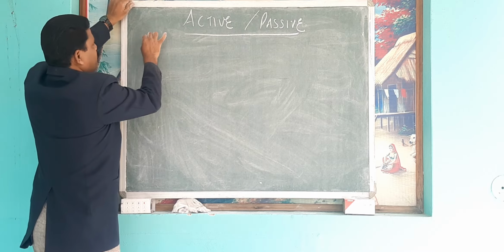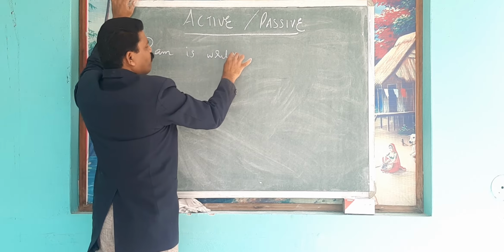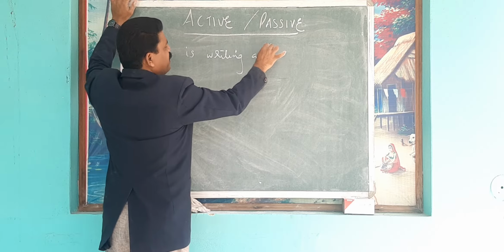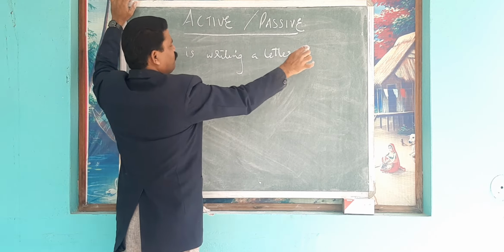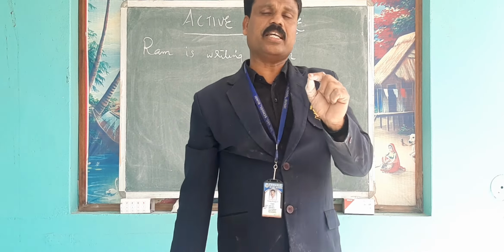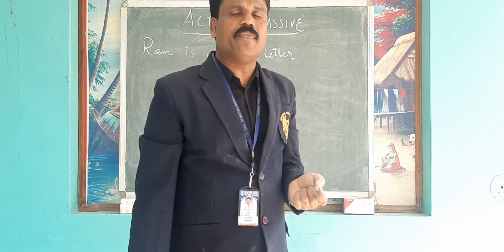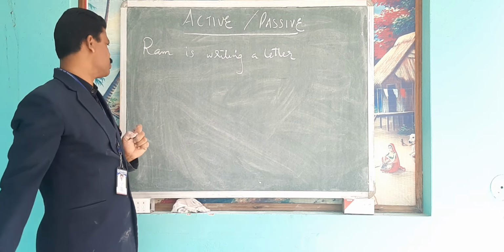Look at the sentence. Ram is writing a letter. So I have already told you the first step to identify an object. How can we identify that there is an object or not?